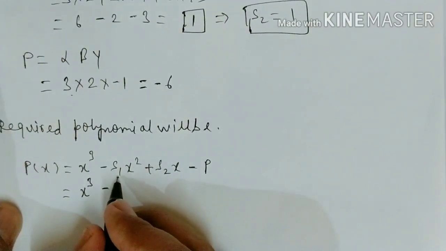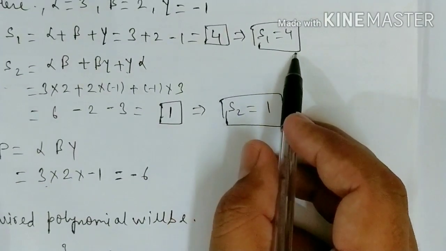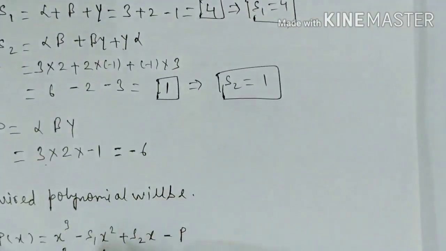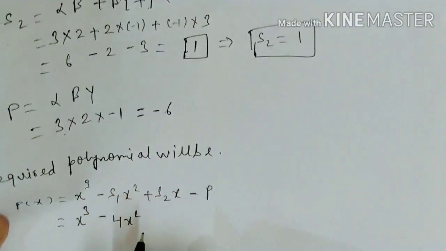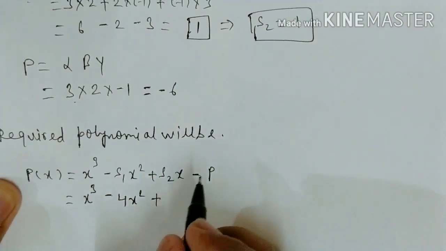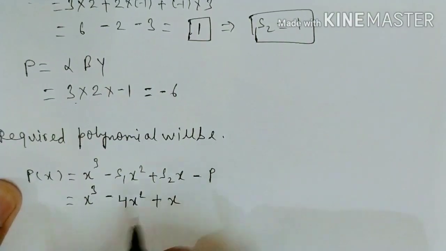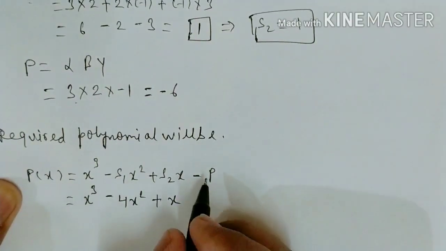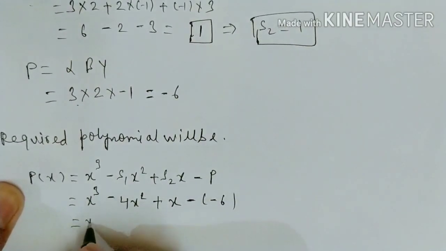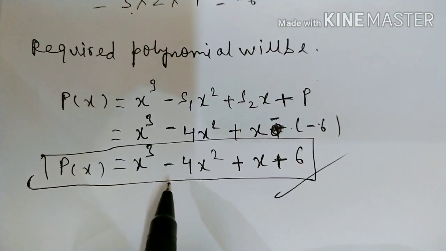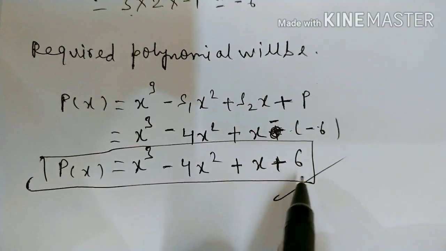What is S1? The value of S1 is 4, so I will write 4 here, so 4x square. The value of S2 is 1, so 1 into x is x, and the value of P is minus 6. P of x will be equal to x cube minus 4x square plus x plus 6.